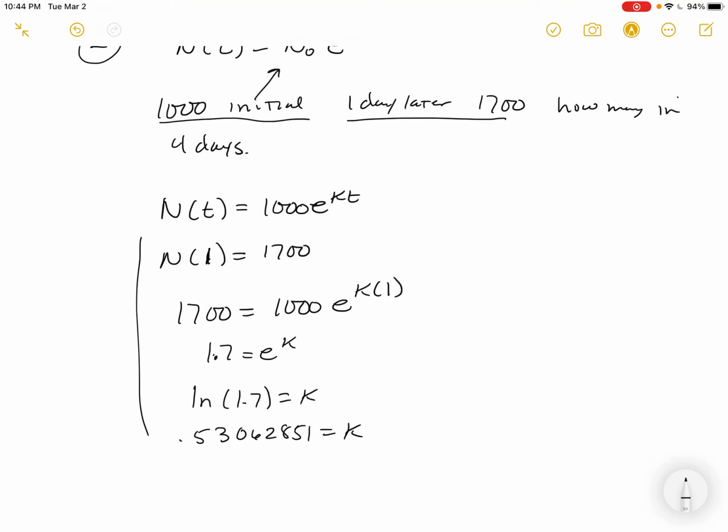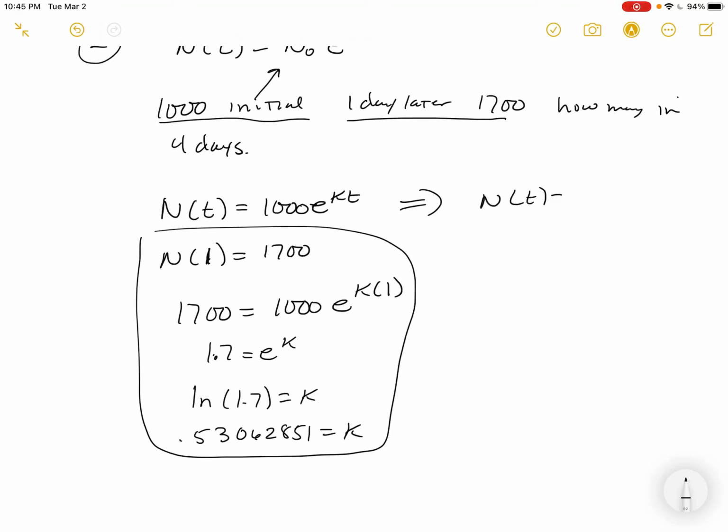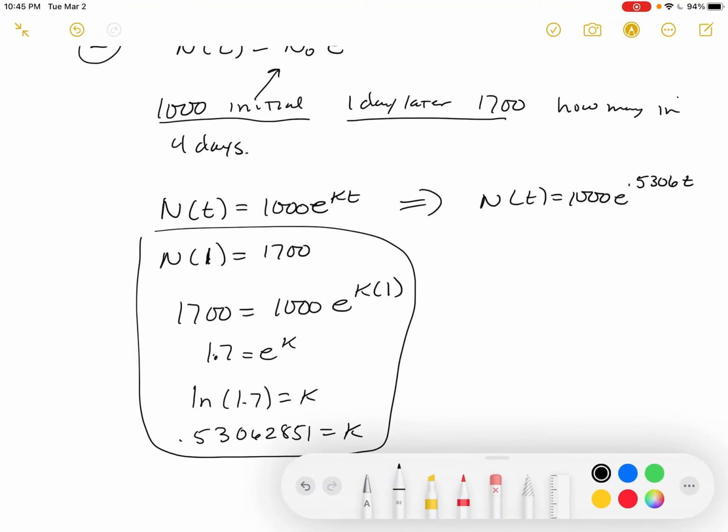So now this part right here was side work to help me. What do I know right now? I know my formula even better. N sub t is equal to 1,000 e to the positive, right? There was a positive growth of 0.5306 t. Where if I plugged in 1, I would get out my 1,700.